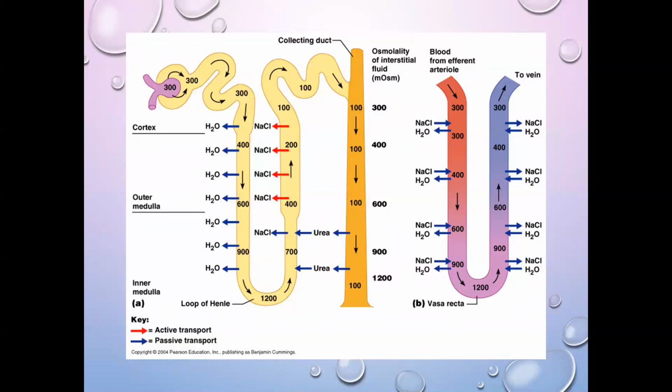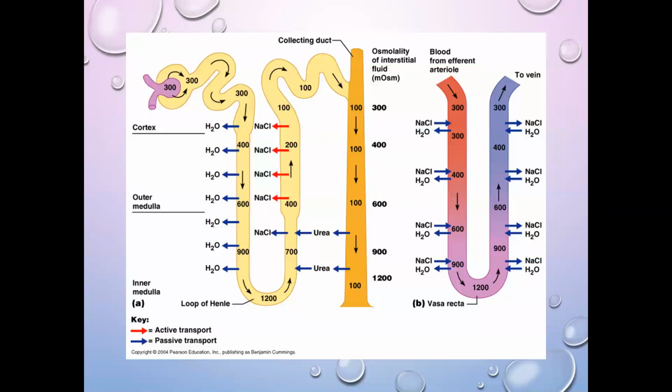So what do I have to do to the outside so that water will want to come out? Because remember, you've got to move from dilute to concentrated. So outside of here, we have to make it more concentrated than what it is inside of the tubule so that the water will want to come out.